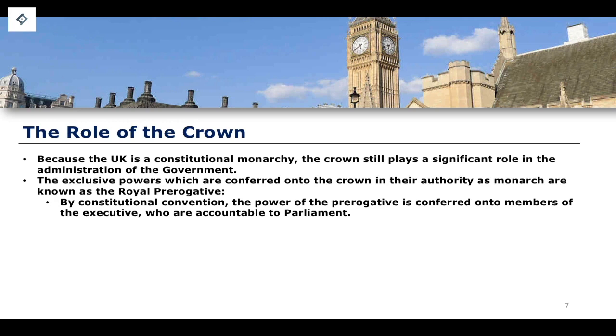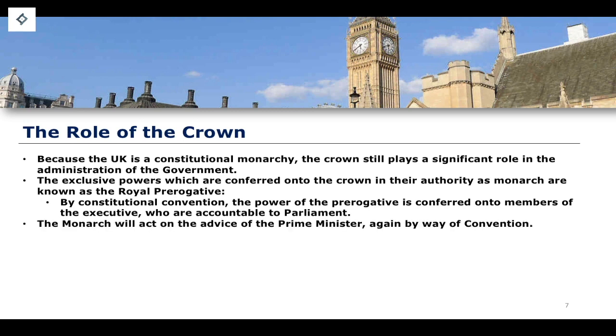This is done through the royal prerogative, but by way of constitutional convention, the powers of the prerogative are conferred onto members of the executive, who are elected members of parliament, but who are also accountable to parliament as well. And so this plays a role as a democratic process, and it's almost a self-regulating democratic process by which the powers of the crown still technically exist, but are limited by the powers of parliament.